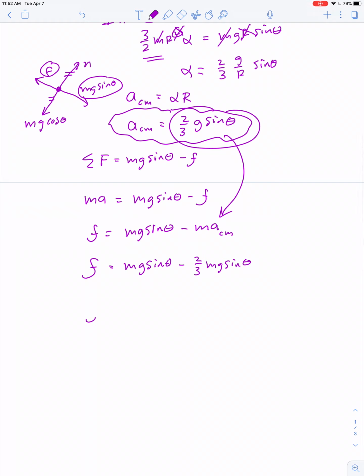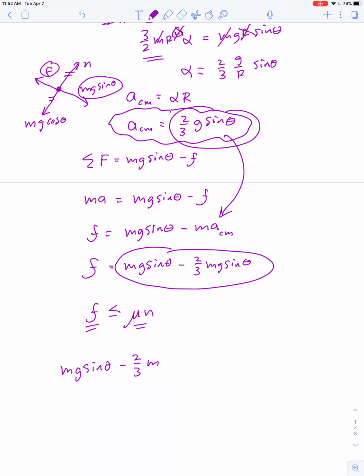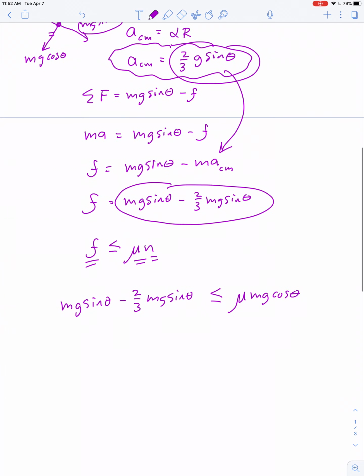This is static friction, and static friction is always less than or equal to mu times n. So the static force of friction, mg sine theta minus 2/3 mg sine theta, has to be less than or equal to mu times the normal force, which is mg cosine theta. I can think of mg sine theta as 3/3 mg sine theta.